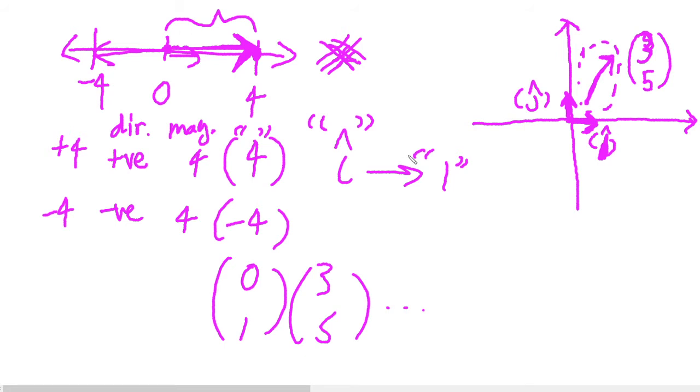So yeah, that's what I wanted to talk about in this scenario. The difference between 4 as a one-dimensional vector and 4 as a scalar is that this 4 can often represent something in physics.